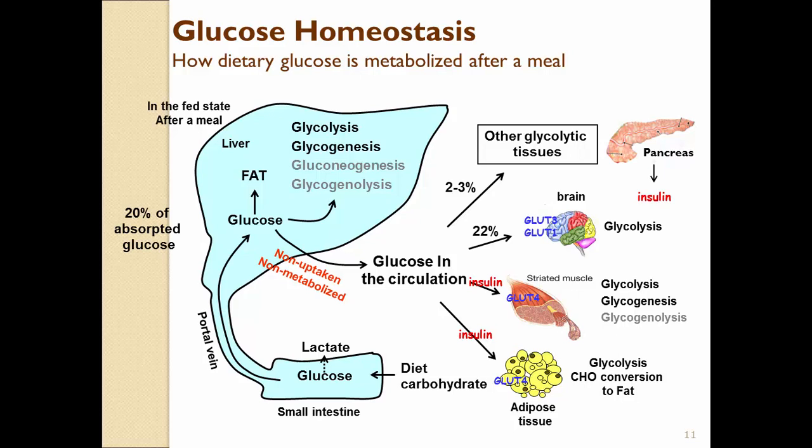So glucose is the trigger of insulin secretion. When our blood glucose level increases, that can trigger insulin secretion from the pancreas. So the insulin level is also increased because of the increased blood glucose level, and insulin can stimulate glucose uptake by GLUT4 into muscle and adipose tissue. Right?